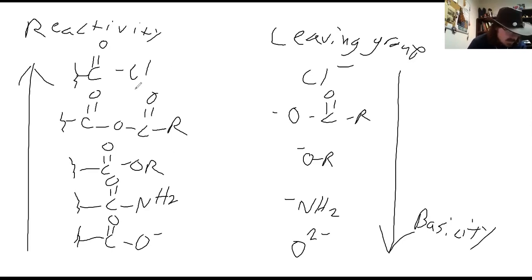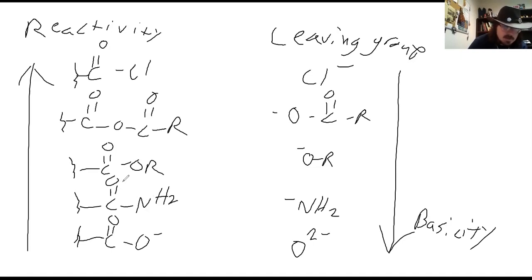Not only is it related to the basicity, but it's also related to the resonance stabilization of the acid derivative. This one is very strongly resonance stabilized, and thus not likely to lose its group. This one is moderately strongly resonance stabilized, which would put a positive charge on the nitrogen.